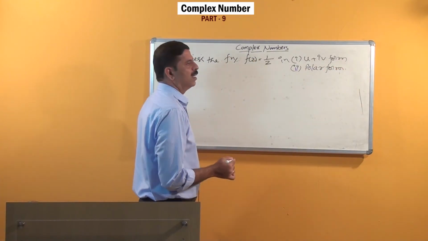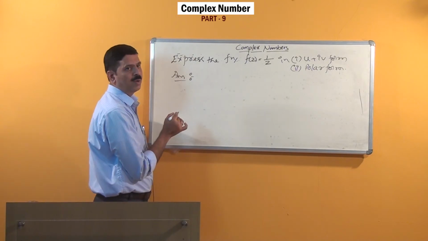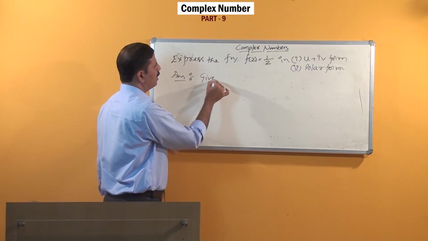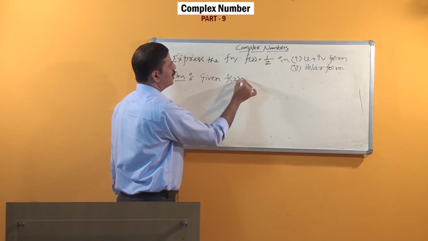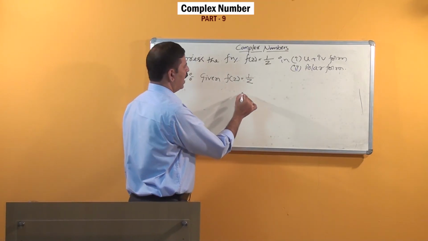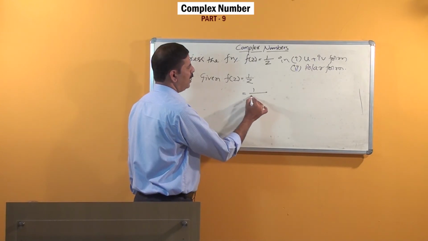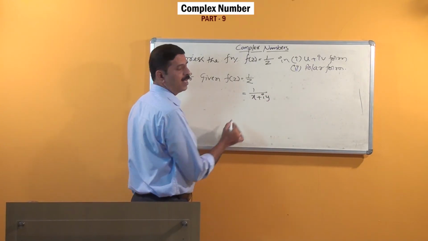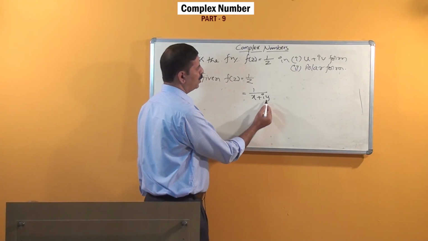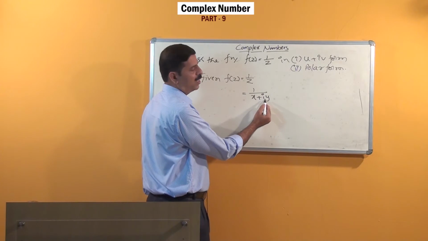As you know, given f of z is equal to 1 by z, as we did in the last problem, 1 by x plus iy. How do we remove the imaginary term in the denominator?